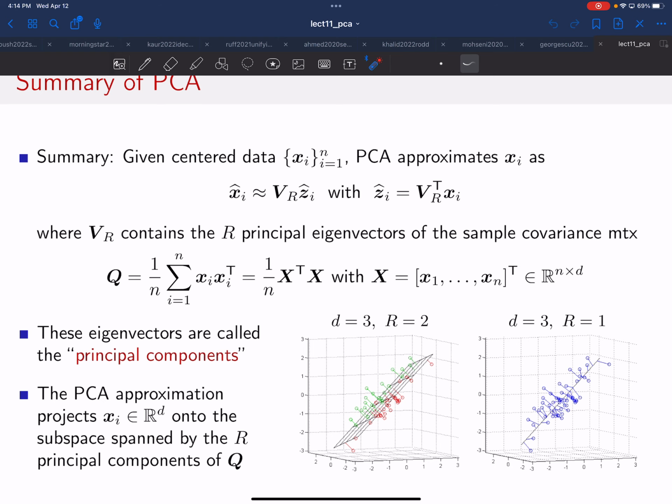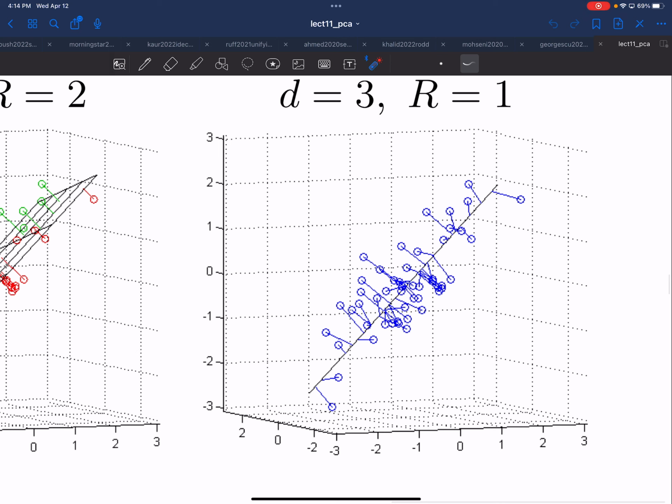So I guess one important point, just to make sure it's clear. Let's say I'm talking about this right here. That is the approximation of this data point according to PCA with R equals 1. Right? So there are 2 different ways I can describe this point. I can describe it in this one-dimensional coordinate system where the origin is, maybe around here or something. In that coordinate system, I would describe that red point by a single number.